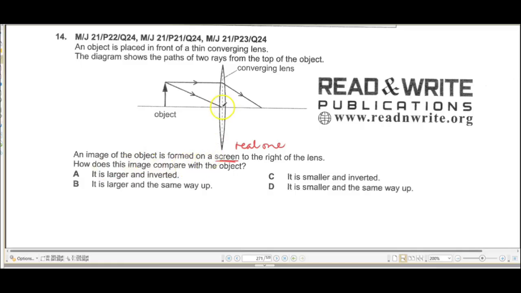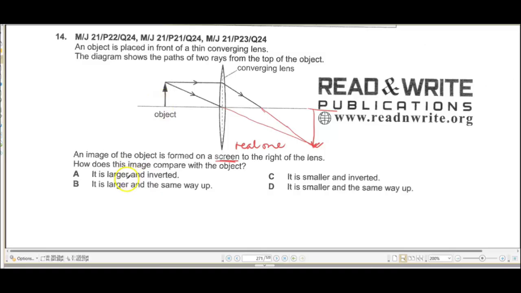You can just enlarge these rays and see where they converge and see what this looks like. So we can see that the image basically is inverted and a bit larger than that of the object. So it is larger and inverted.